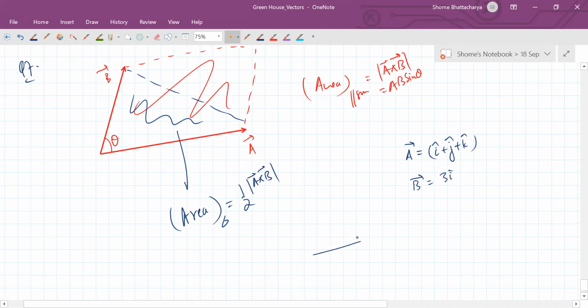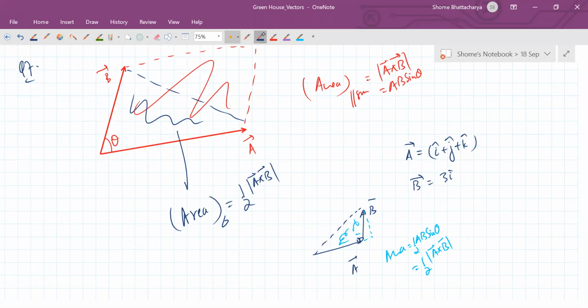So now it's saying that if you're forming a triangle using A and B, like this, then the area of this triangle will be half base into height. Okay. So that is nothing but half of mod of A cross B.